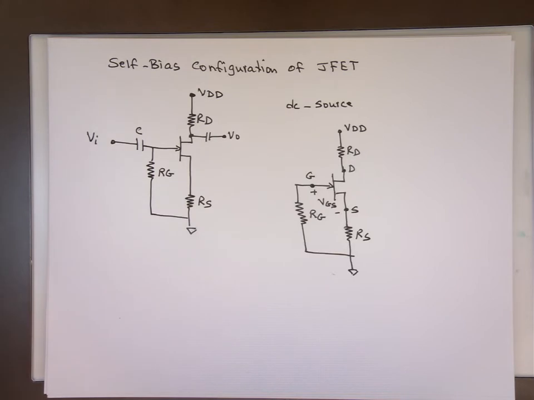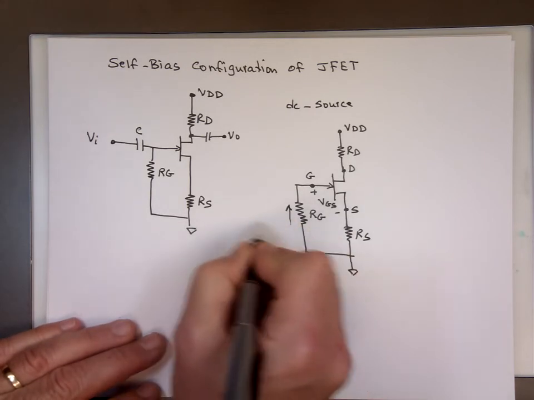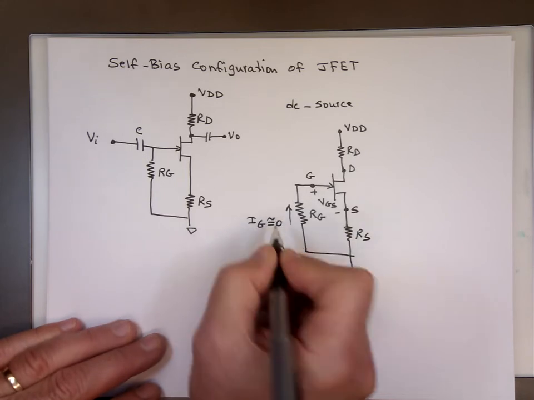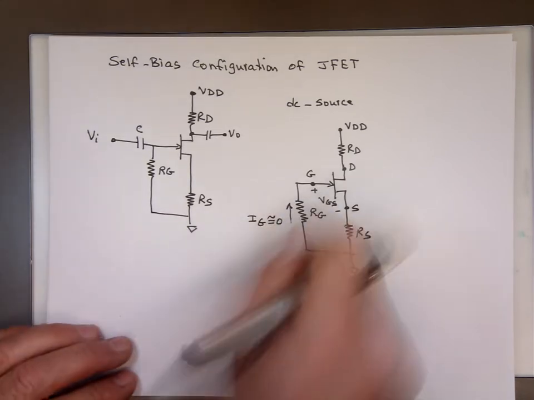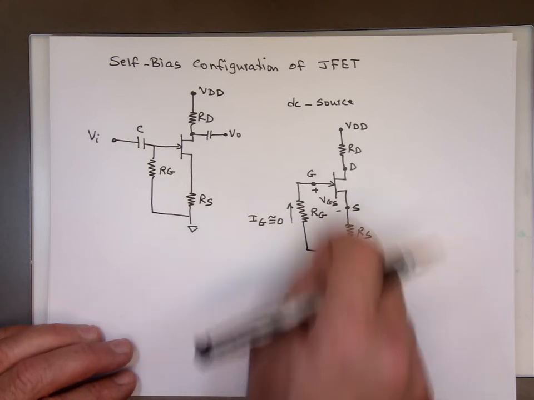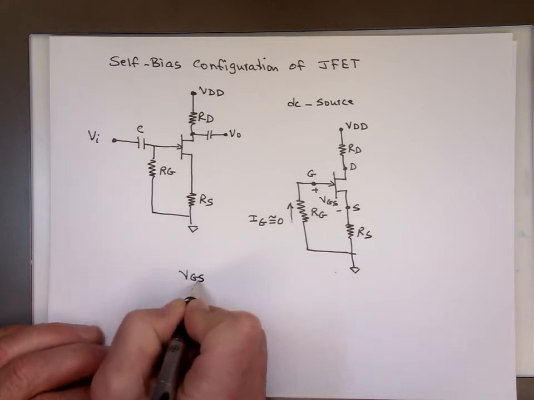The same assumption as before. We're going to assume the current going through this is approximately 0. I sub gate is approximately 0. And if that's 0, there is no voltage drop here. Use KVL, Kirchhoff's voltage law. It says plus VGS. Continue this way.